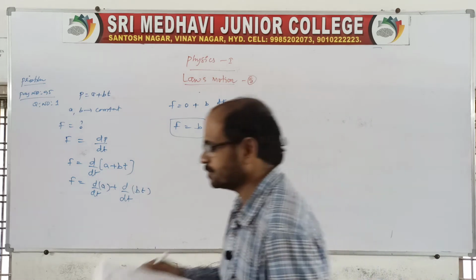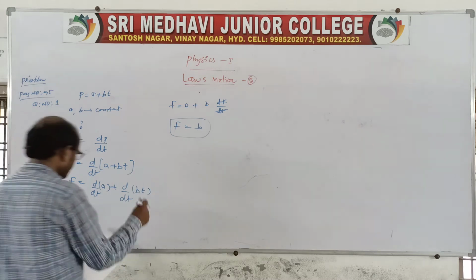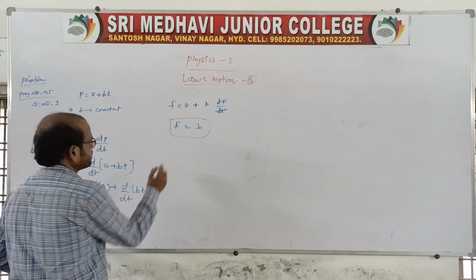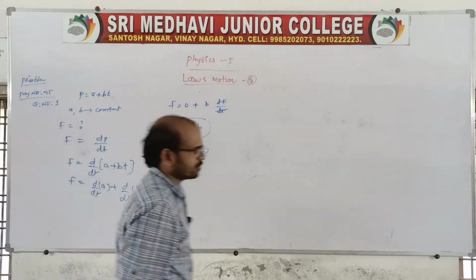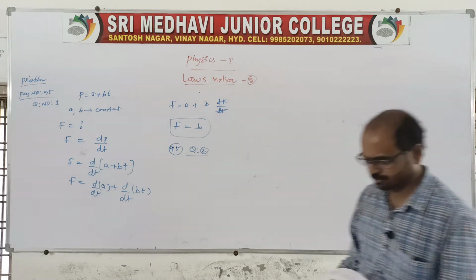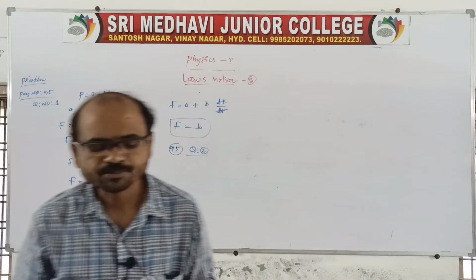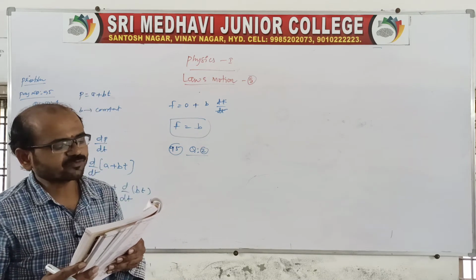So this is a question on the basis of Newton's second law. Coming to the second, same page number 95, question number 2. I'll read the question. Calculate the time needed for a net force.